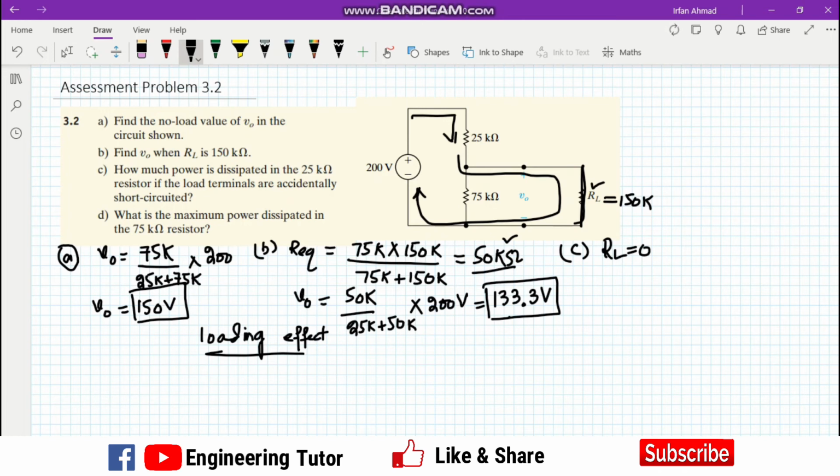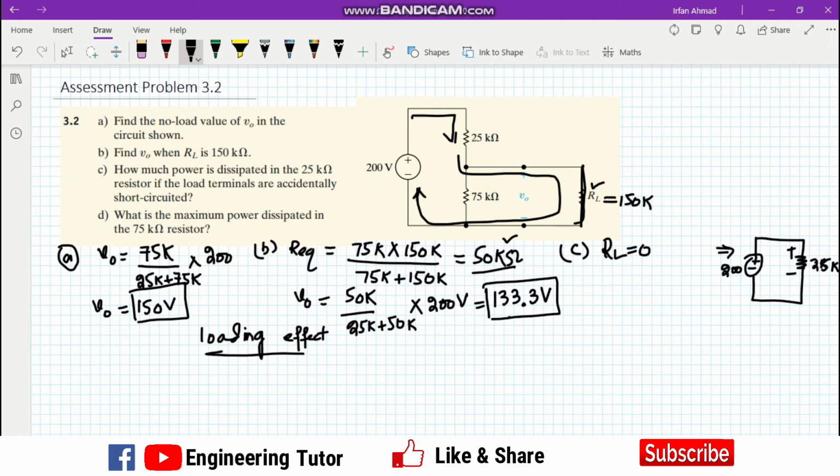So now the circuit is composed of a single source and a single resistor. The overall voltage will be dissipated across this 25 kilo ohm.